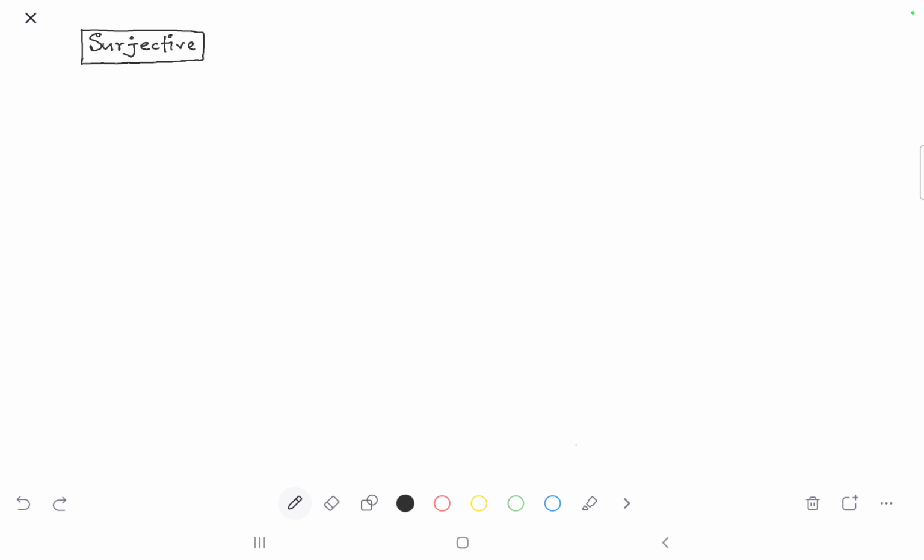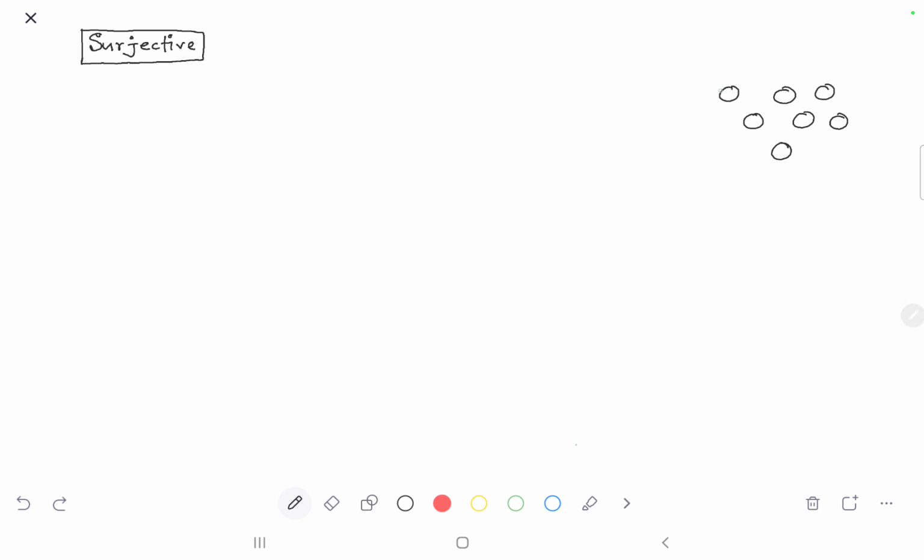Counting means what? One, two, three. If I give you a collection of balls, how do you count them? Let's say you have a collection of balls here, here, here, here, here. I ask you to count them and number them, so you are putting a numbering.